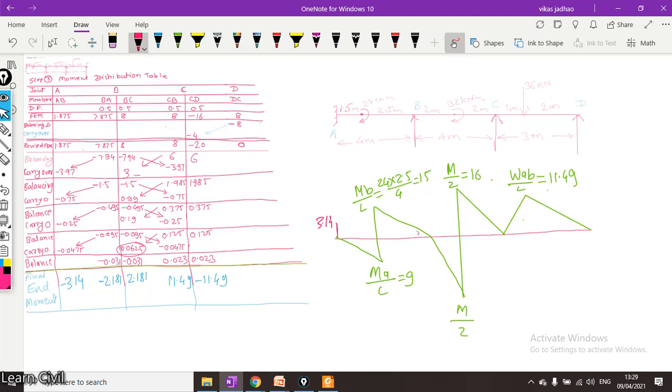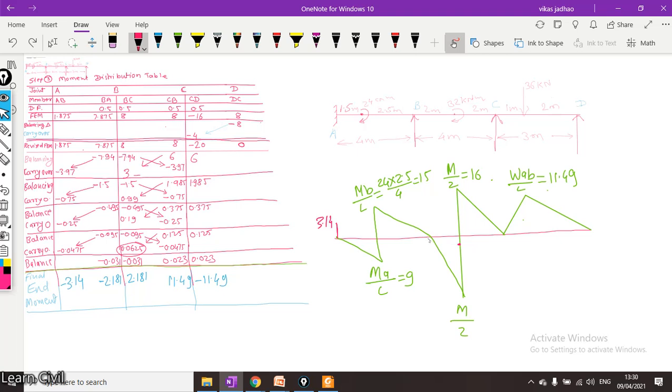Then we have minus 2.181. Minus, therefore we have to draw on the anti-clockwise face or negative face. So this point will be somewhere here. Sorry, there was some mistake, it was not supposed to join here.